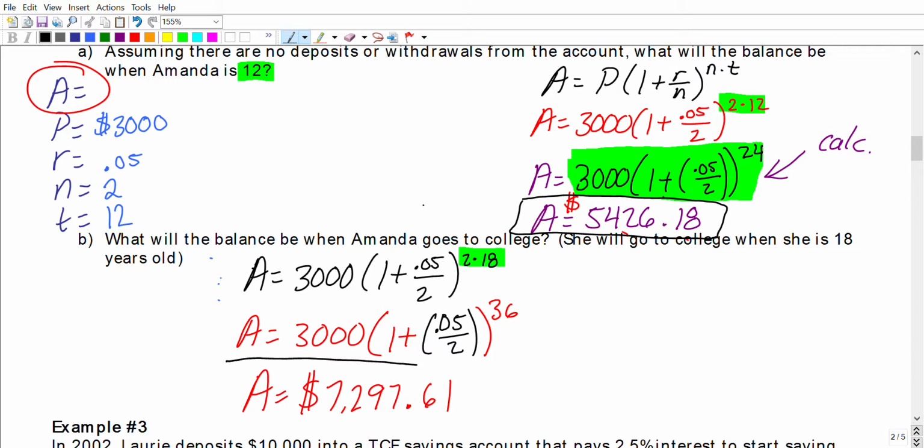Again, we're talking about money here, so round to the nearest hundredth. This is what you should have gotten as your answer.